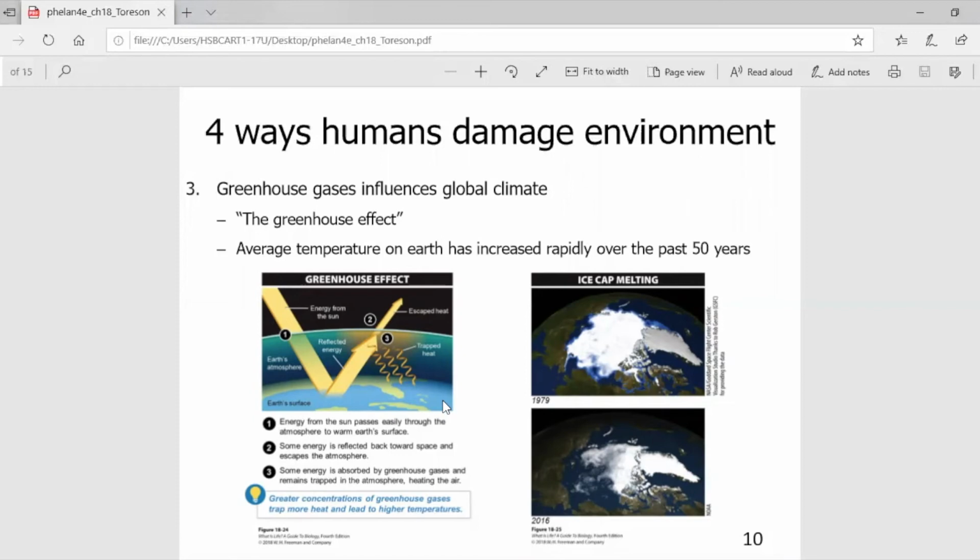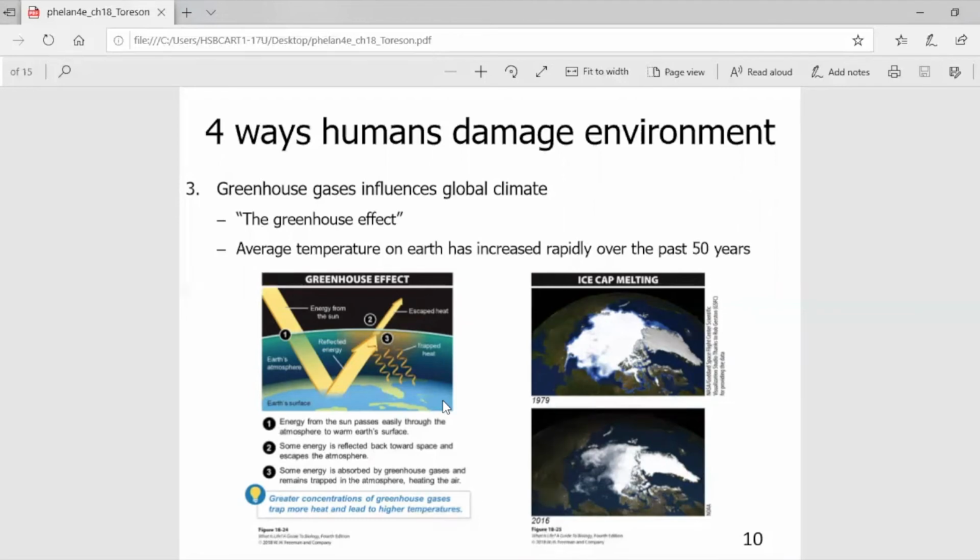In fact, the average temperature on Earth has increased very rapidly. It's been increasing since the mid to late 1800s as a result of the Industrial Revolution, and it's really been increasing rapidly over the last 50 years.